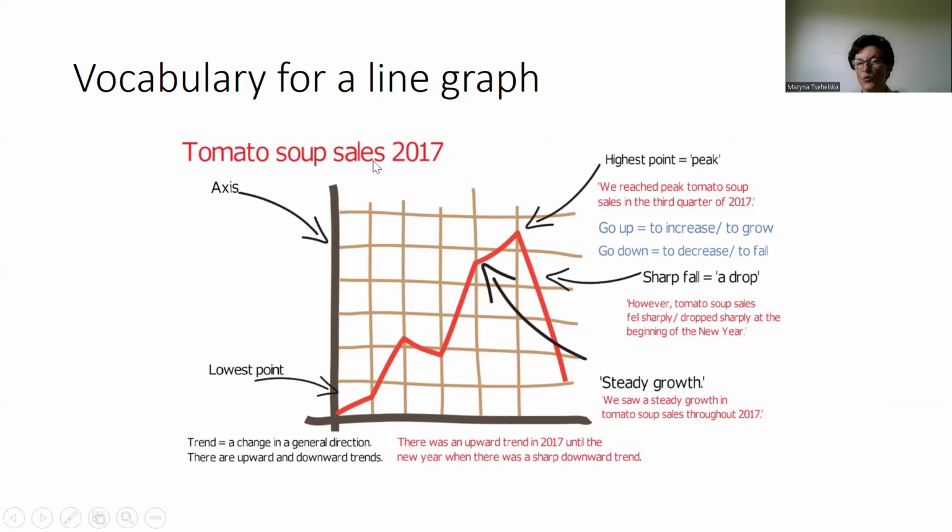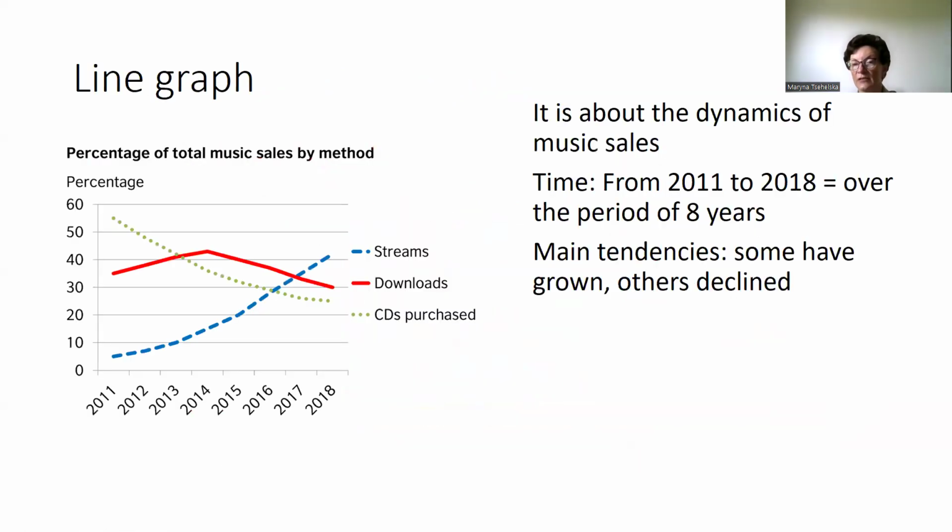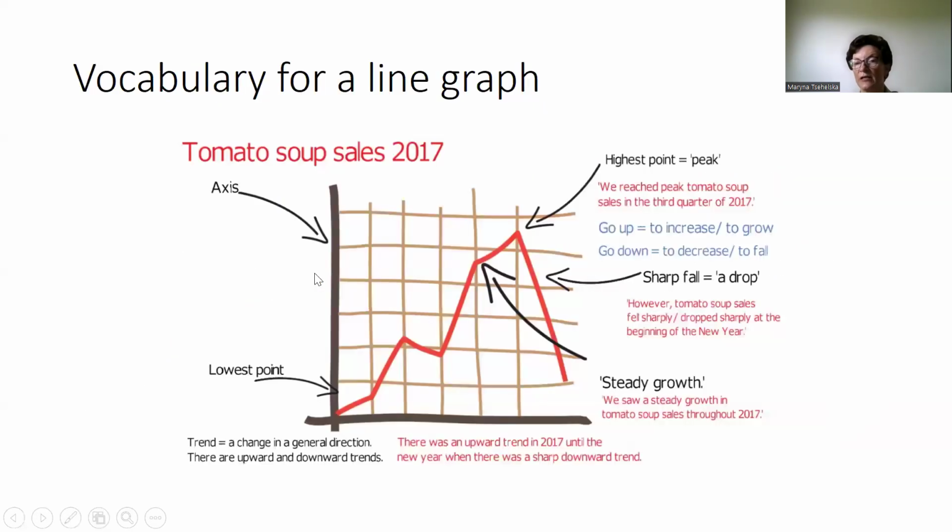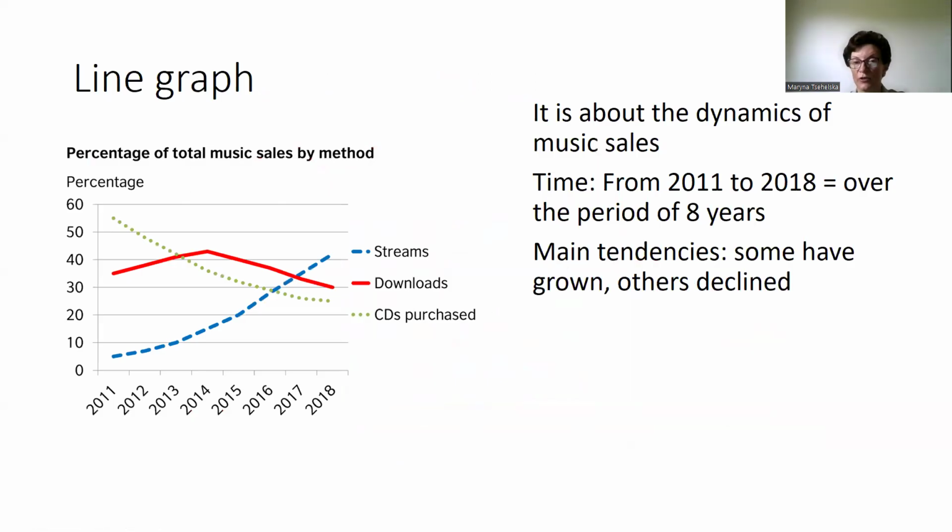Here we see the tendencies, we see the time period, and we also see the line that shows what was going on. For this, we will talk about the period of time, and we will talk about different verbs for different tendencies, such as go up, go down, grow steadily, and so on.